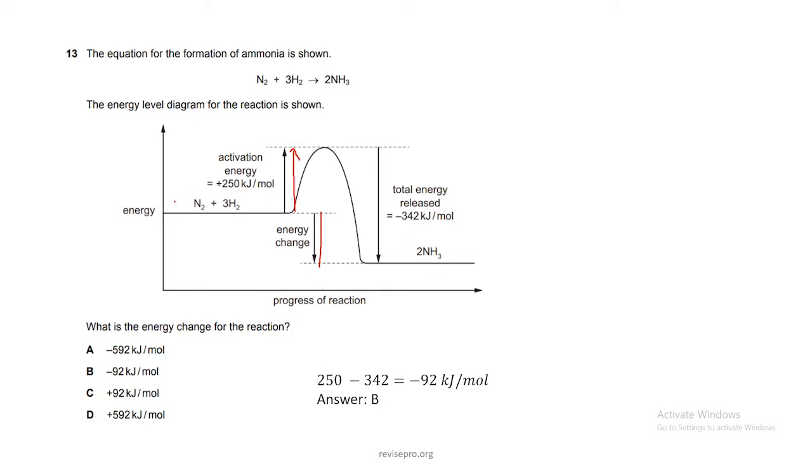Assume this is 0 for this purpose. So at this level, it's 250. And then it jumps down to a level where it decreases by 342 kilojoules. So my answer is going to be 250 minus 342. I'll find the energy change between this level and this level. The answer is going to be minus 92. Answer is B.